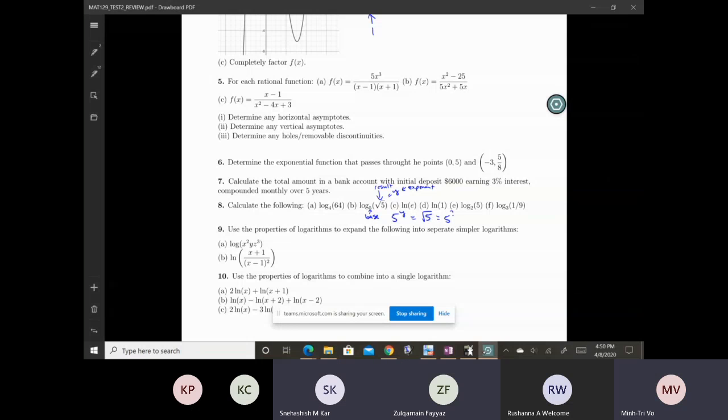So the right side is also 5 to some power, raised to the 1/2. Because the bases are the same, the exponents have to be the same. And so y has to be 1/2.